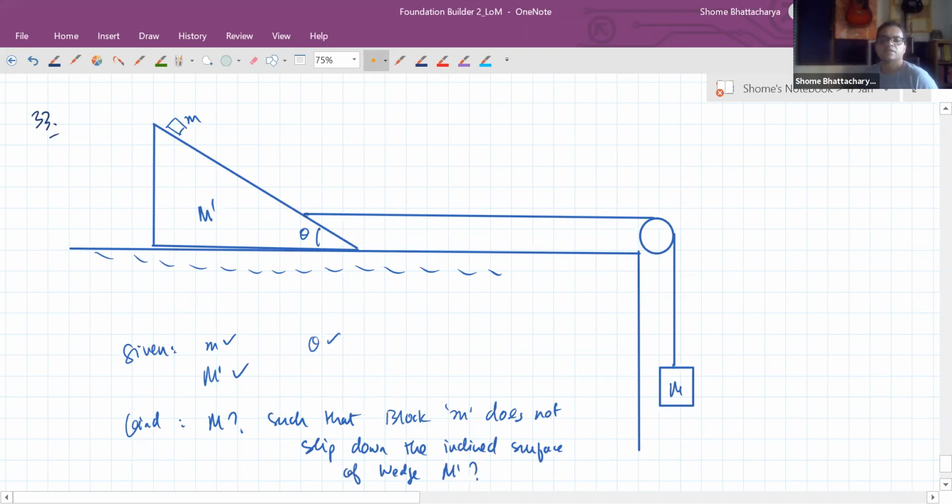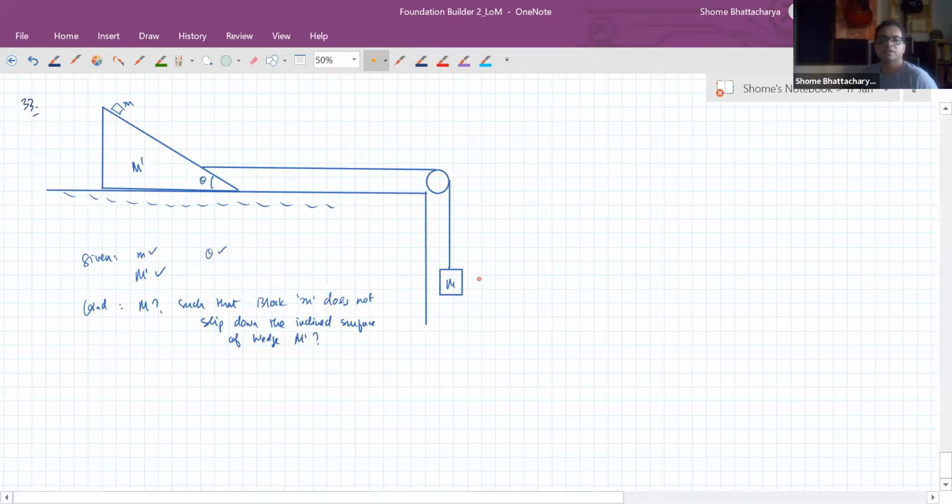Why I said this is similar to one question we've done: if you put the correct amount of mass here, this will have an acceleration such that this whole system will have a common acceleration of a. The whole system will be moving such that the block is at rest with respect to the wedge.